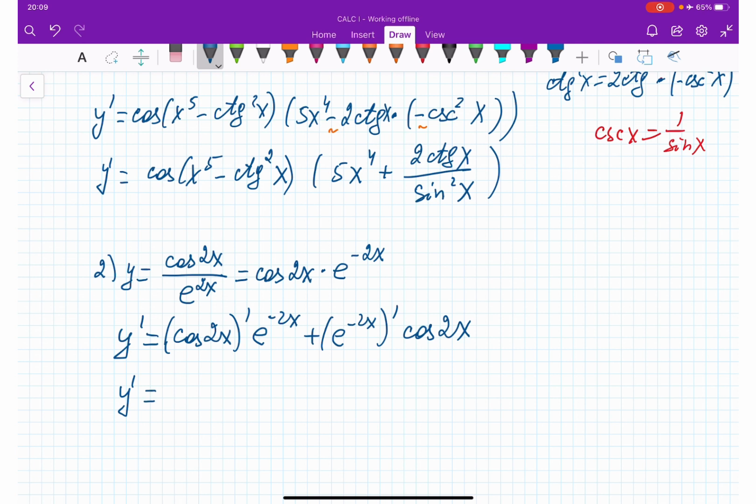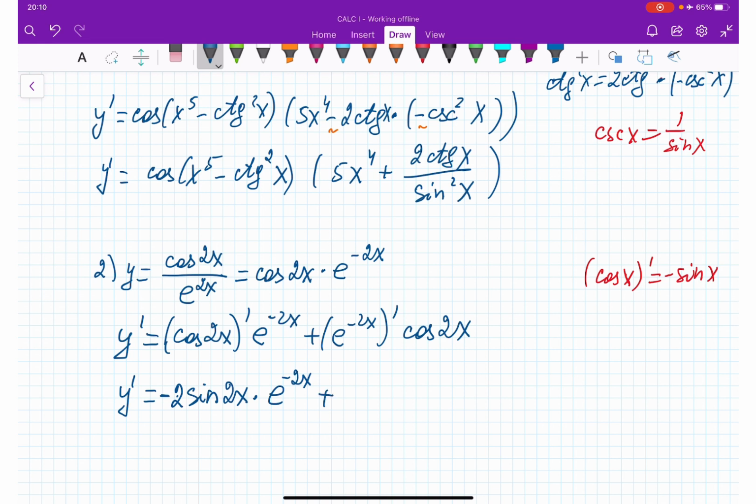So cosine 2x is going to be negative sine 2x, right? Because the derivative of cosine x is negative sine x. And getting inside, the derivative of 2x is going to be 2, times e to power negative 2x.